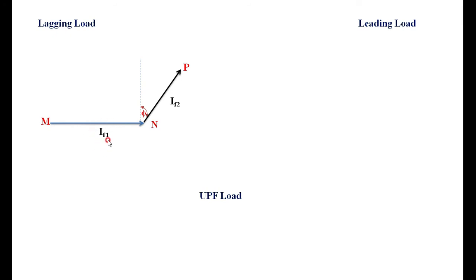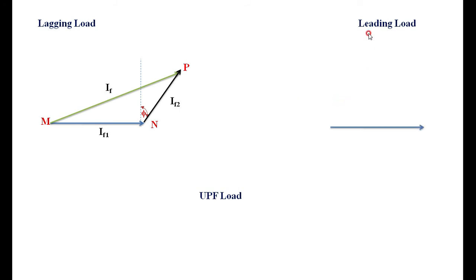IF1 corresponds to V plus IR cos phi. IF2 corresponds to the short circuit current, which is corresponding to rated current. The vector sum of these two gives the total MP, that is IF. Corresponding to this IF, you have to find out the value of E, then E minus V divided by V is the regulation of the alternator. This is how you find the total field current.